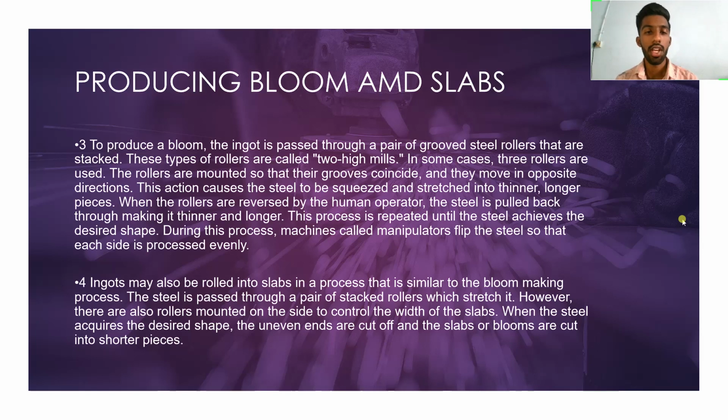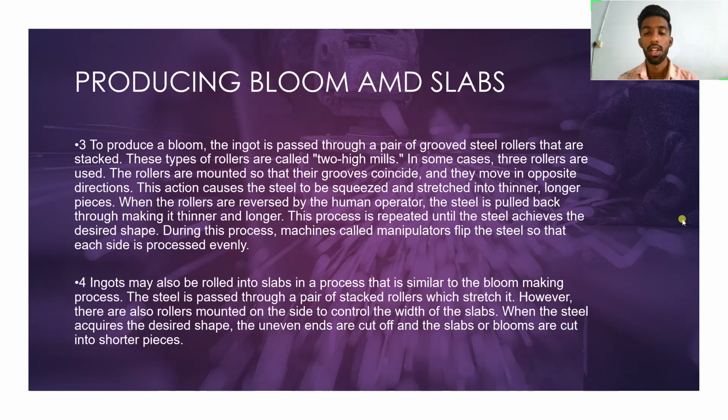Producing blooms and slabs. To produce blooms, an ingot is passed through pairs of grooved steel rollers that are stacked. These types of rollers are called two-high mills. In some cases, three rollers are used. The rollers are mounted so that the grooves coincide and they move in opposite directions. This action causes the steel to be squeezed and stretched into thinner, longer pieces.